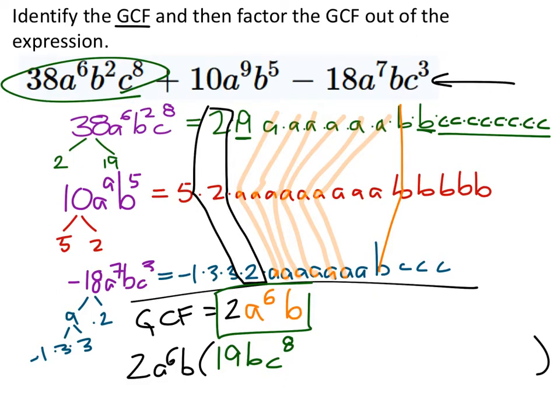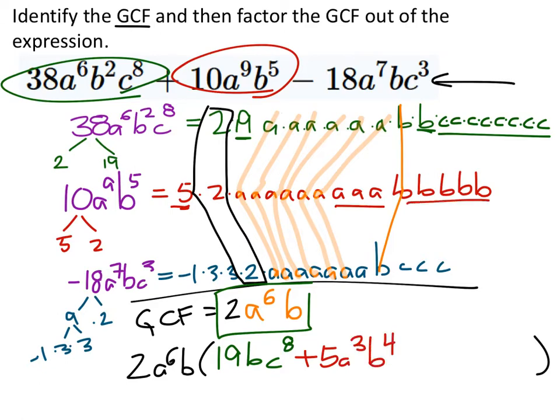Next up, I'm looking at the 10a to the 9th, b to the 5th, and I've got a 5 left over, which is positive. I've got 3 a's and 4 b's. So that's b to the 4th. These are all multiplied, so it's b to the 4th. We have the exponents.